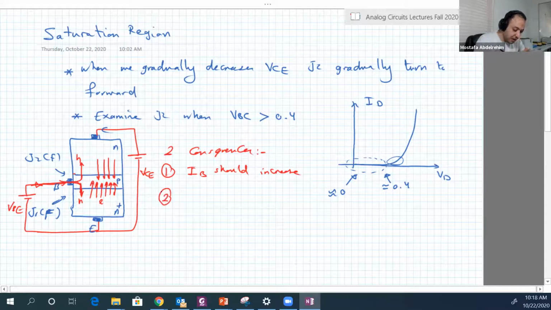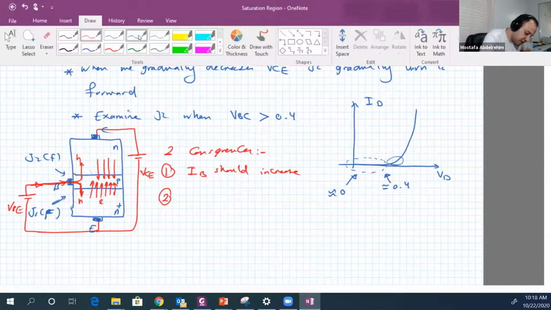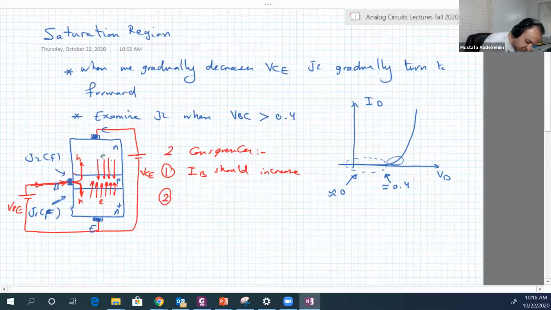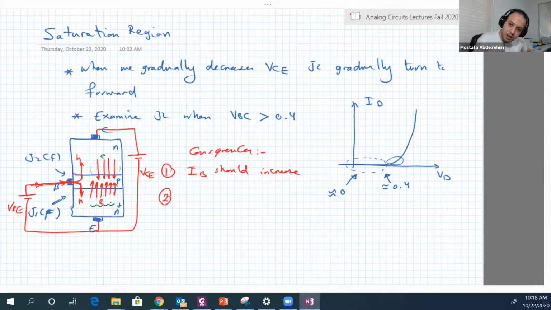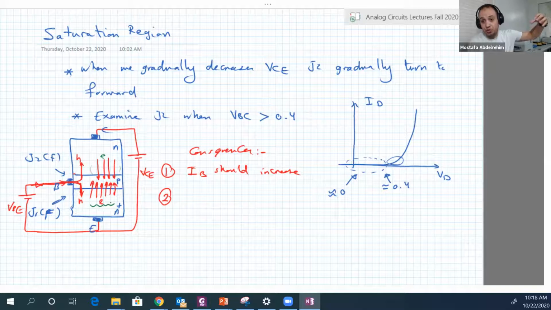In the beginning, without these electrons, the IC came only from the electrons that came from the emitter through the base to the collector. But now there are electrons going in the opposite way.